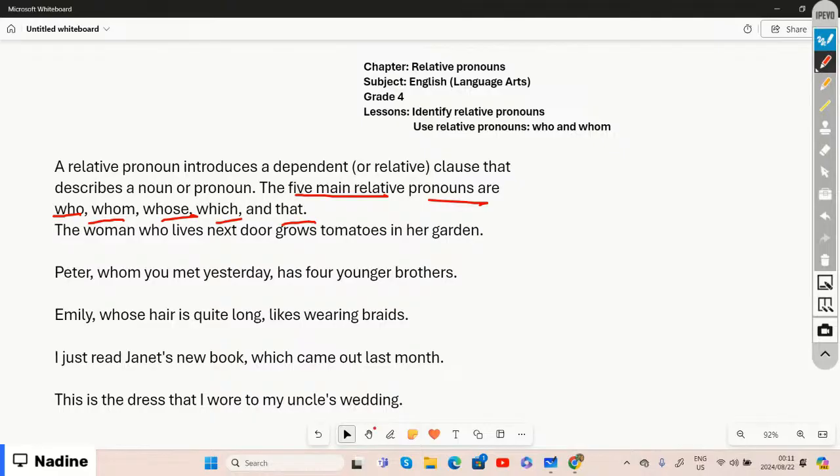All right, so that is how we use the first one. Now, if you go back, it says the woman who lives next door grows tomatoes in her garden. So it's like the question, who lives there?